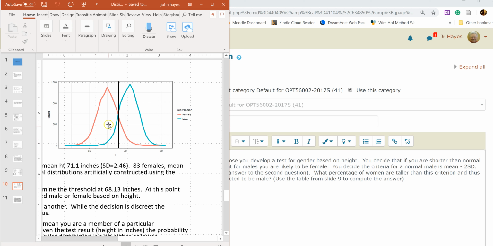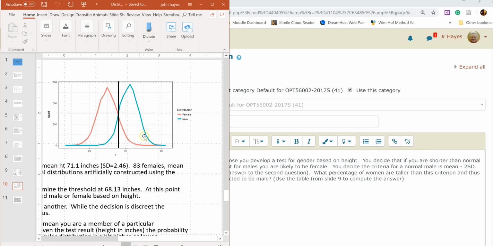You use this as a cutoff, saying that if you're below this line, you're likely to be female. This is a silly example for gender selection, but it's a common method that is used, and a common misconception. You figure if you're outside of normal, then that's the test. And it's true if you're going that way.